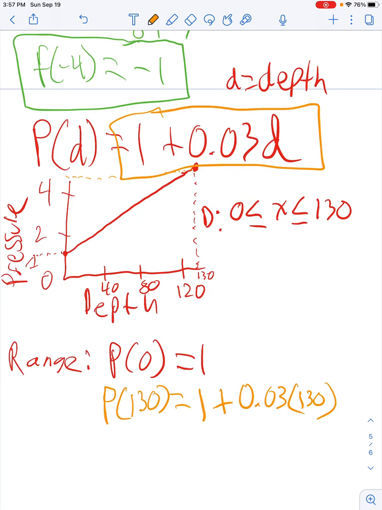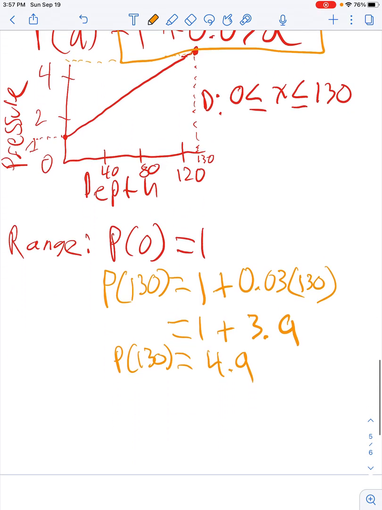So when I do this, I get 1 plus 0.03 times 130, which is 3.9. So this equals 1 plus 3.9, which means that my pressure at 130 is 4.9.